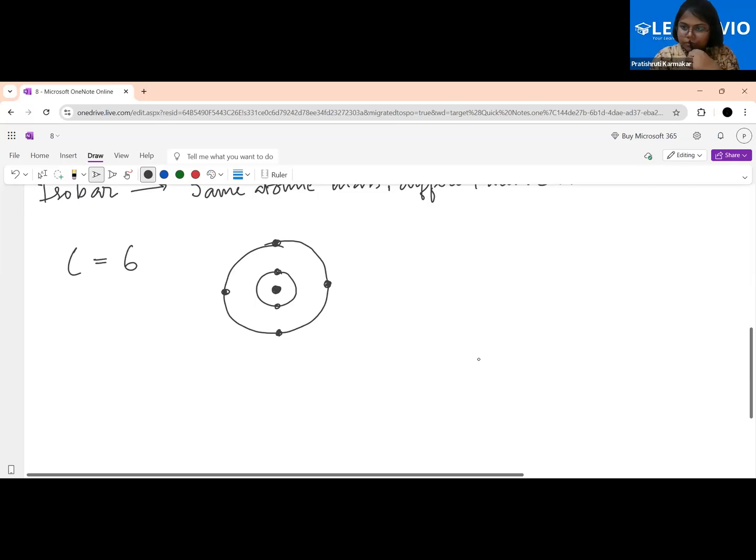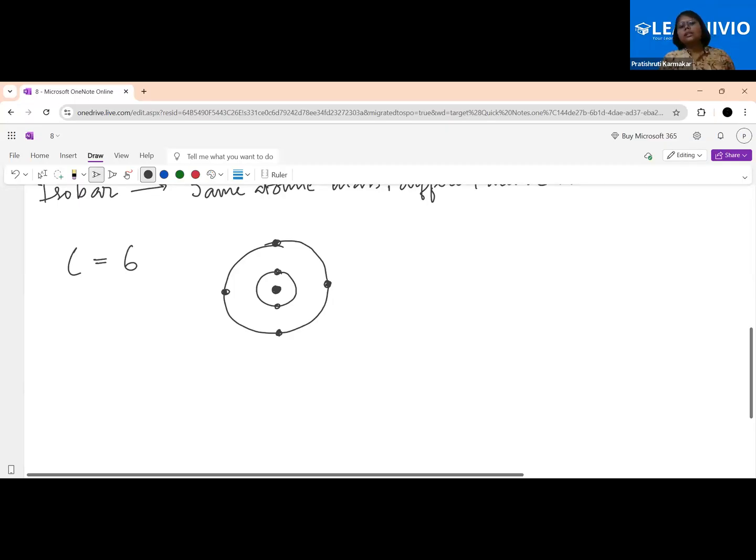Because it's more than 3 but less than 5, so it can either share or accept electrons from another. It has to have 8 electrons.